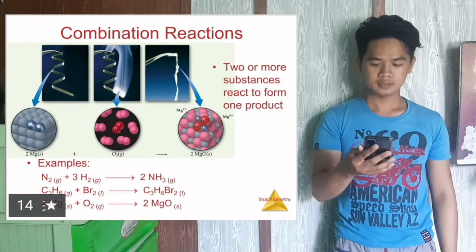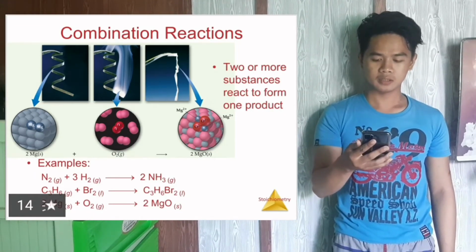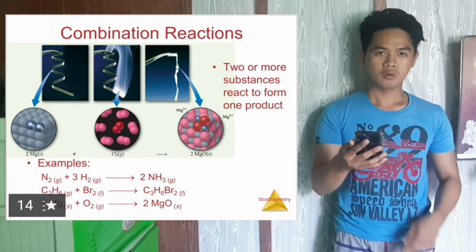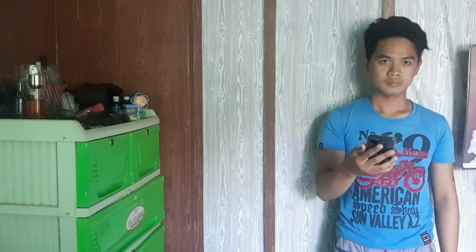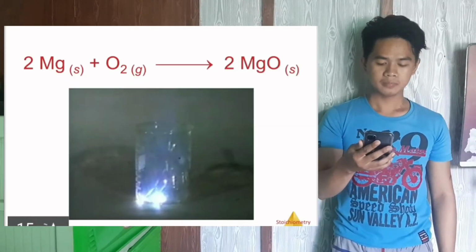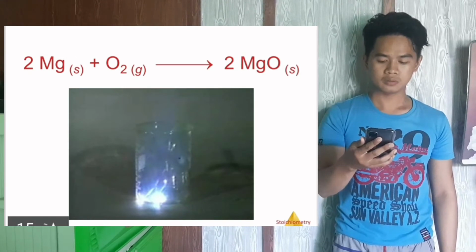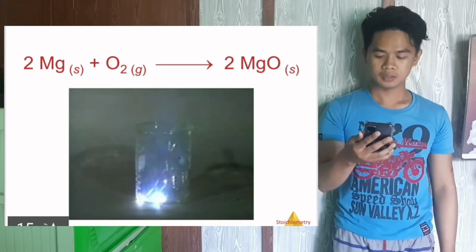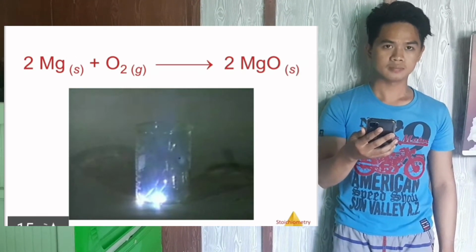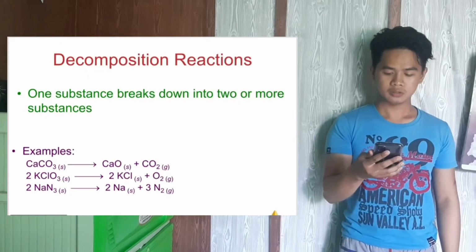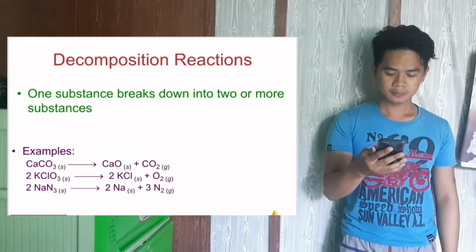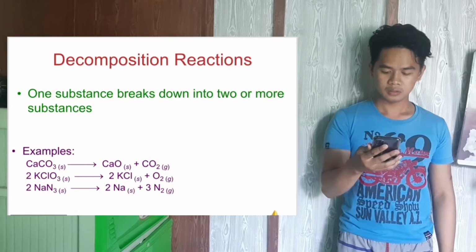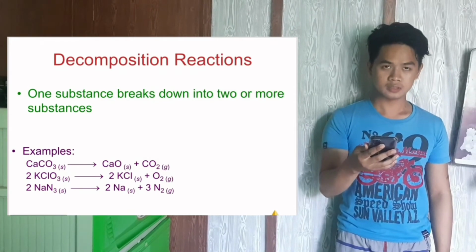Combination reactions: 2 or more substances react to form one product. Watch these examples. 2 magnesium plus oxygen equals magnesium oxide. Decomposition reactions: one substance breaks down into 2 or more substances.